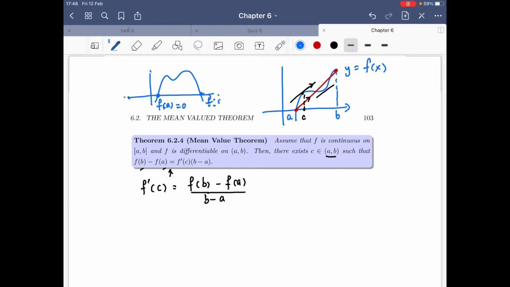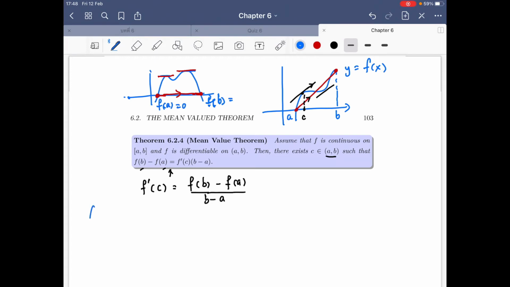Both of them attain a 0 value over here, so you can find the horizontal tangent, which is actually parallel to the x-axis, the straight line passing through these 2 points, (a, f(a)) and (b, f(b)). So we are going to use the Rolle theorem to prove this one.